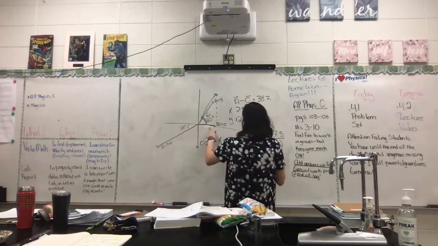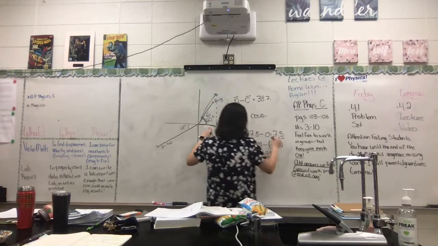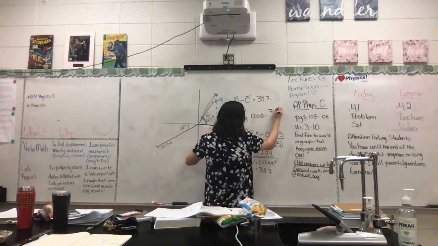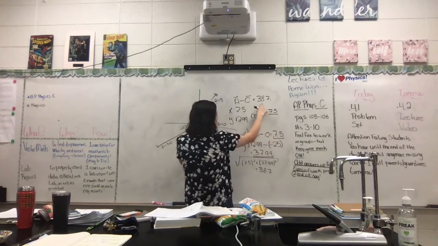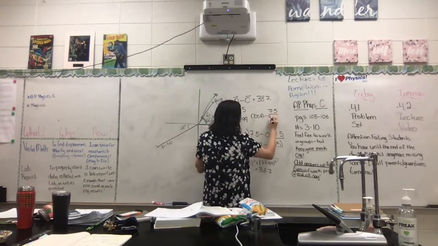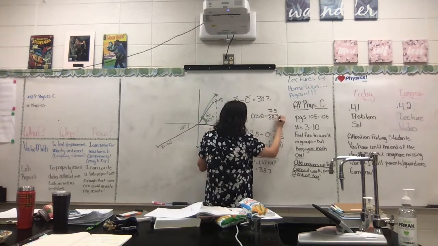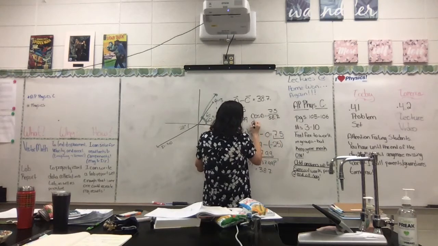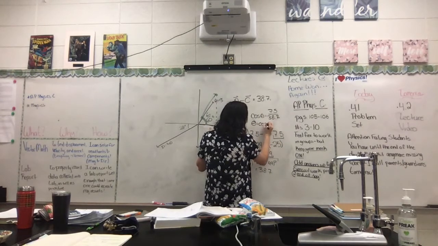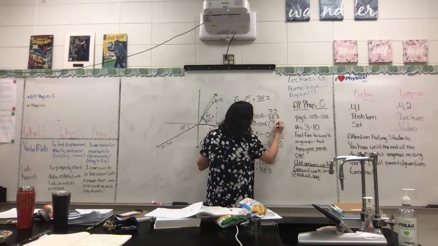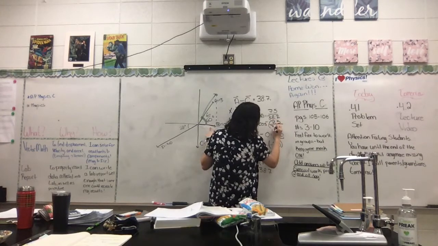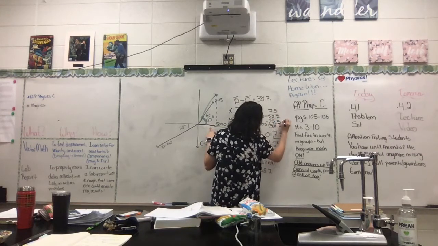So the adjacent is going to be our x component, which is 7.5, and then the hypotenuse is our magnitude that we just solved for of 38.7, which means that theta is equal to the inverse cosine of 7.5 divided by 38.7.